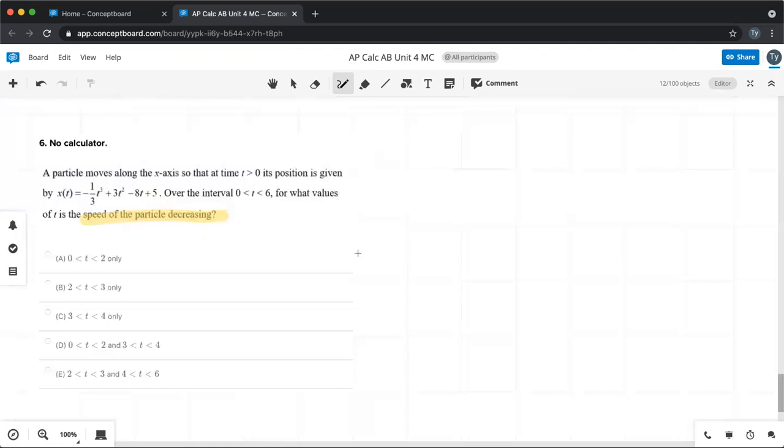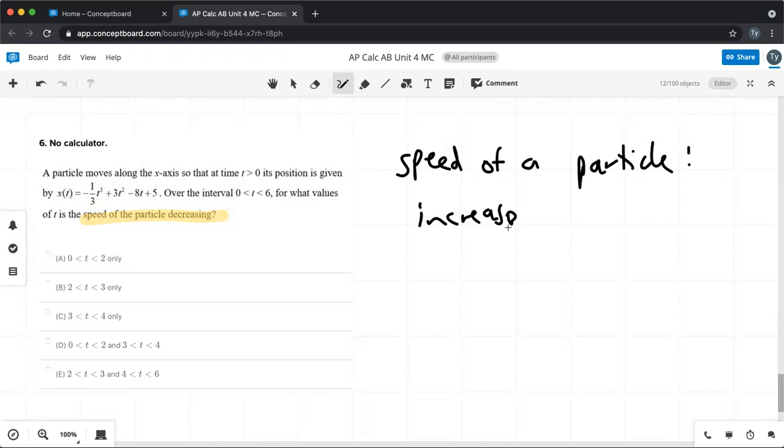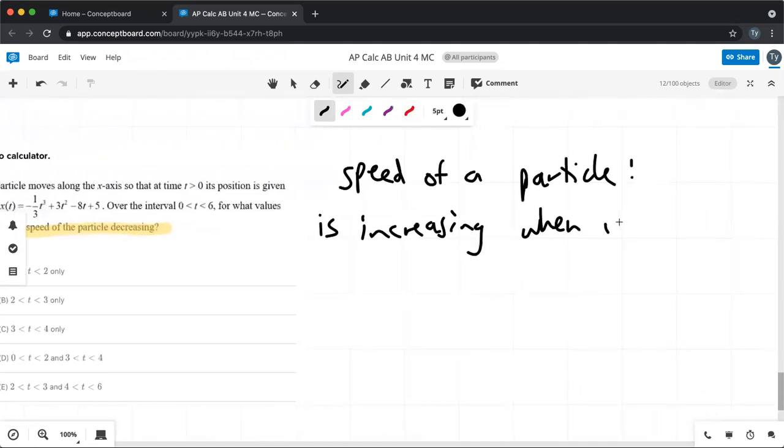So the speed of a particle increases, or is increasing, when the velocity and acceleration have the same sign.